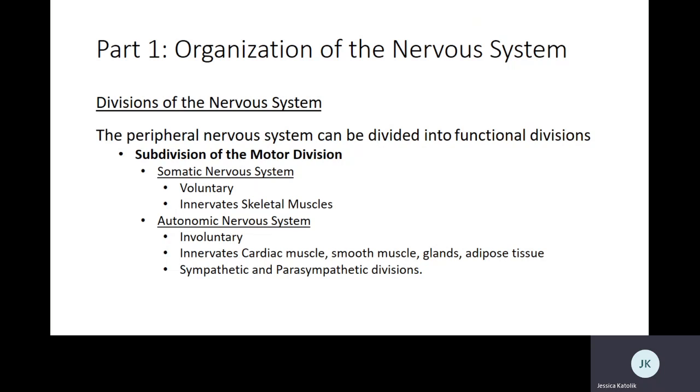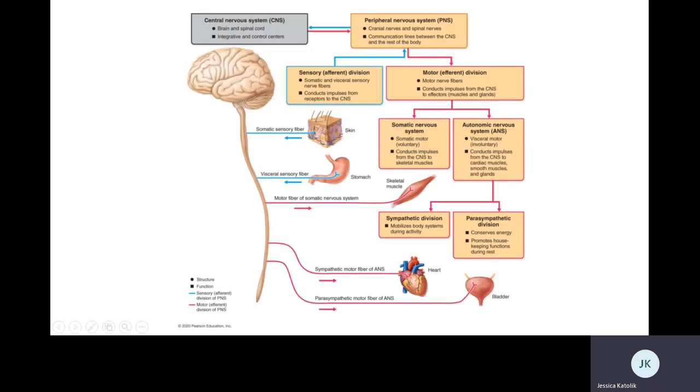So let's go back to that diagram really quick and look at these divisions. Here we have the motor division, and there are two subcategories of the motor division. Somatic, which is going to go to the skeletal muscles and be voluntary. And so it can allow us to do jumping jacks and dance around.